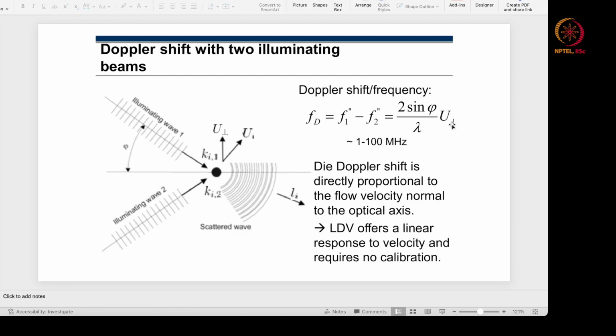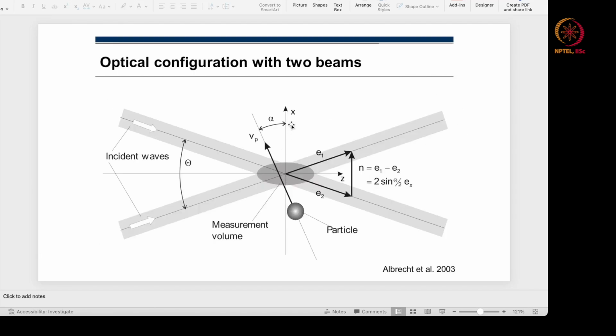You get this relationship because U perpendicular is nothing but Ux, the component in the perpendicular direction, and n is nothing but E1 minus E2. This is just a vector subtraction, and that is what you get. This is the included angle. So this angle and this angle are the same, as you see. So this is how you get the 2 sine theta by 2.